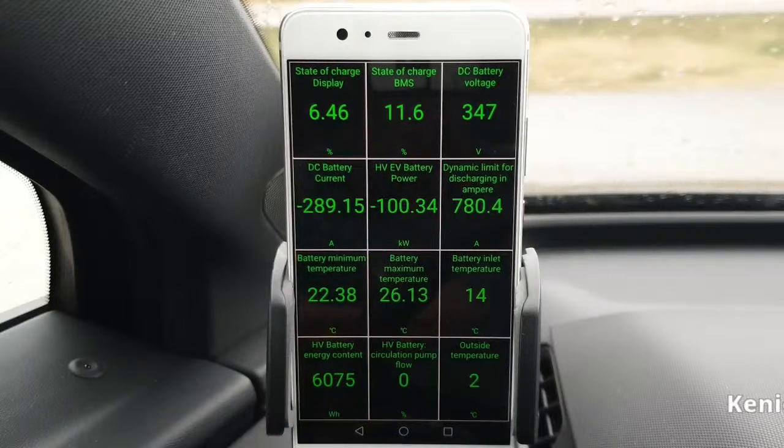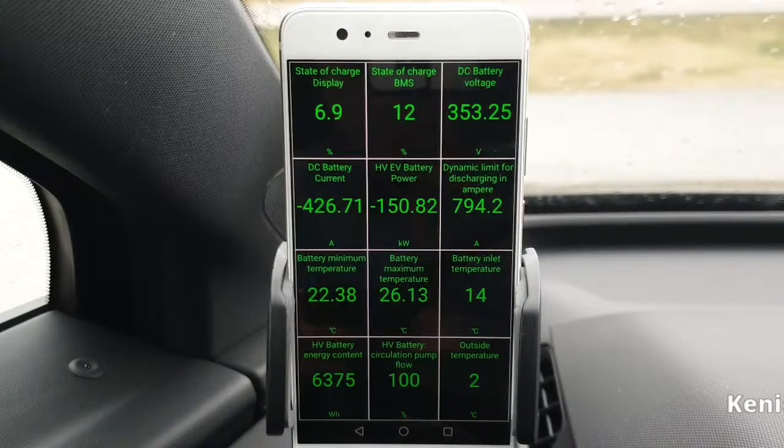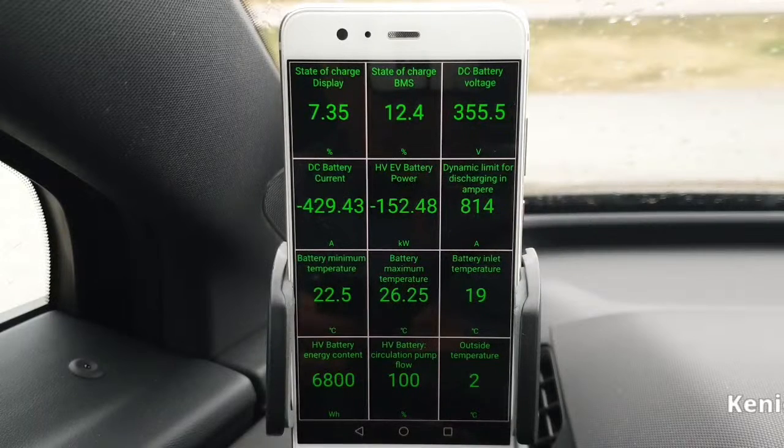Let's see. Wait, where is the HVAC? Okay, turn it off. 934, okay. Yeah, 66 more kilometers.